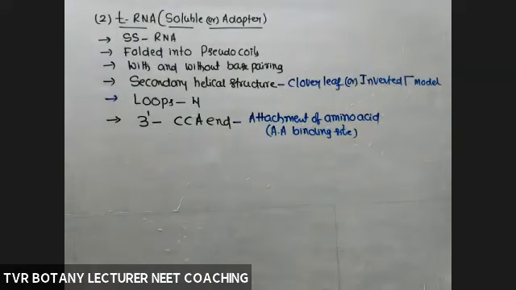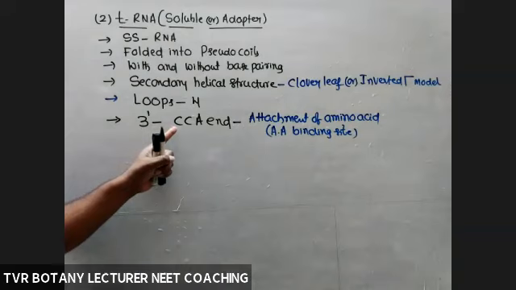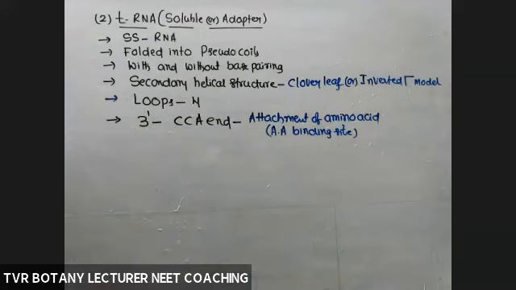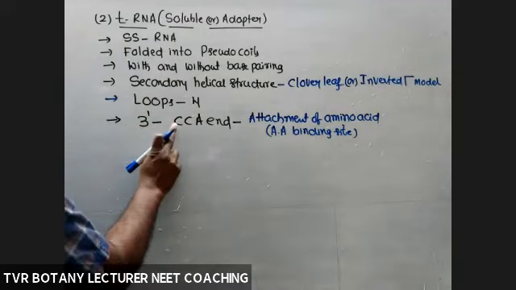That is a seat, like a bus seat, a place of sitting. So an amino acid is able to sit on the tRNA molecule at the 3' end.